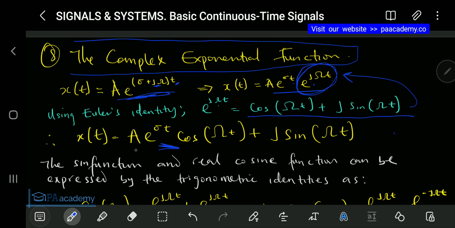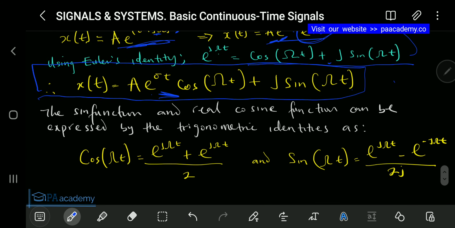So you can see that x of t is equals to a exponential omega t, which is the same thing as what we are having here. Then this has been replaced with this. Then that's why we're having cos omega t plus j sine omega t. Exactly. So this right here is what we have for the mathematical expression for a complex exponential function.